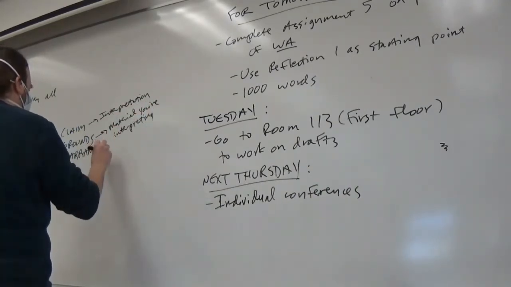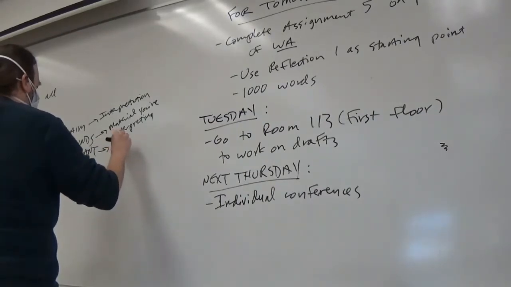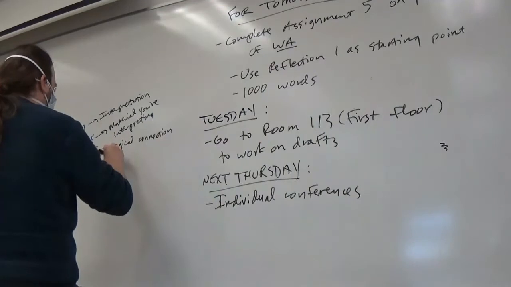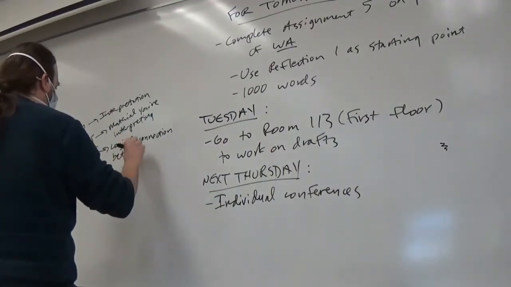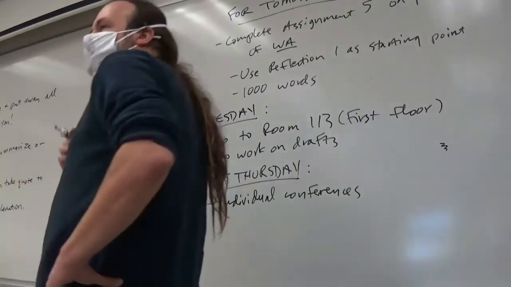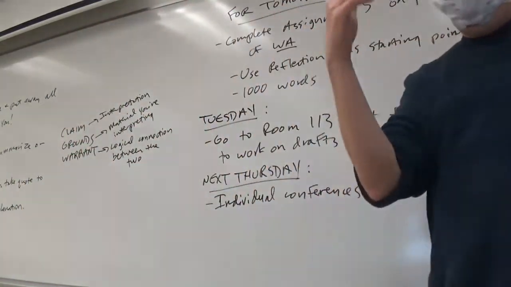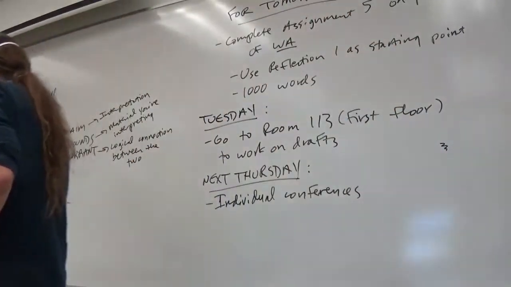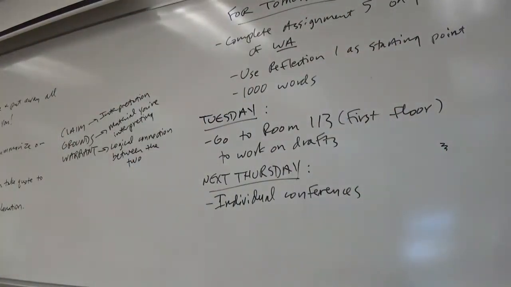And the warrant is the logical connection between the two. So is grounds another word for data? Yeah, grounds is basically data or evidence. Yeah, exactly. Grounds is just a specific word that Toulmin uses in his model. It's data, evidence, it's all the same thing.